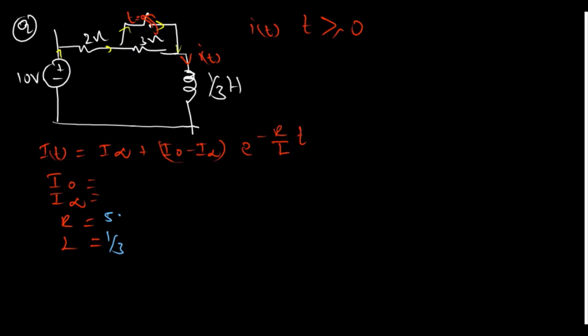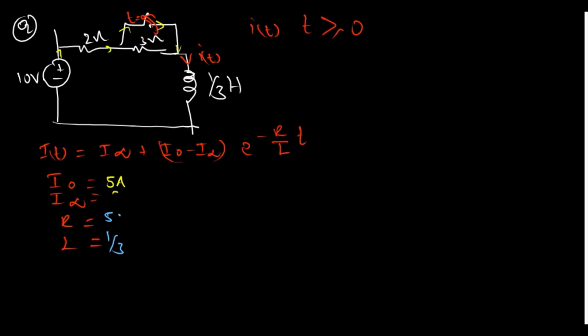When we do mesh analysis in this part, we find that I naught is equal to 5 amps.